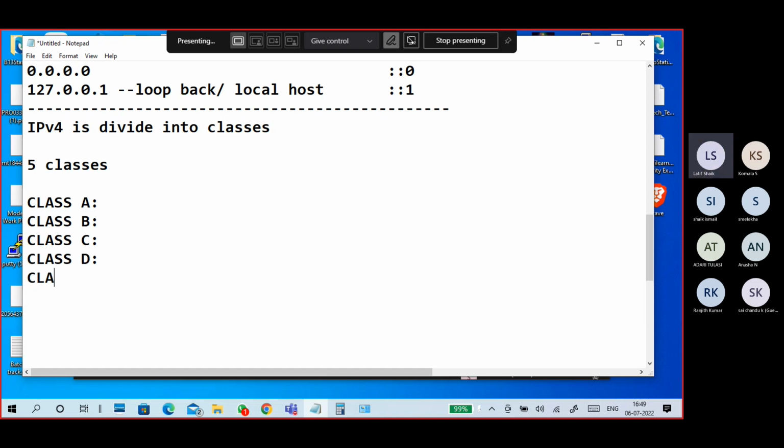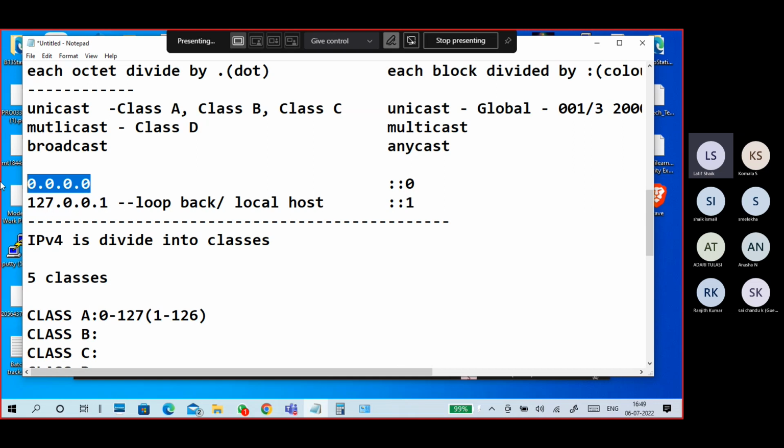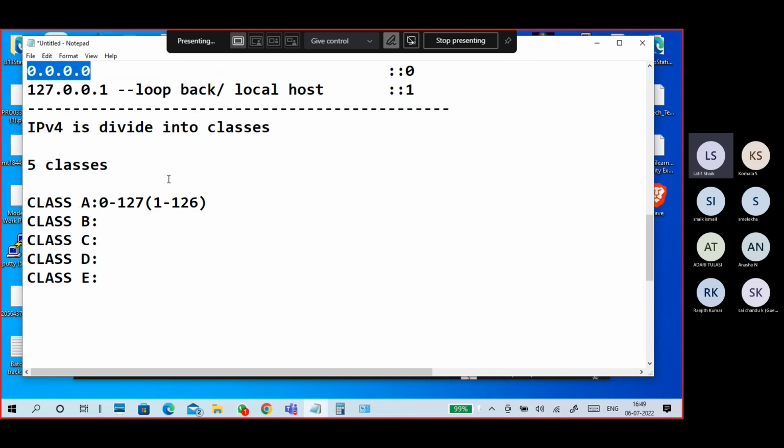Class A is 0 to 127. In some textbooks it shows 1 to 126, which is also correct, because 0 here we are not using. It is reserved for some other purpose or services.